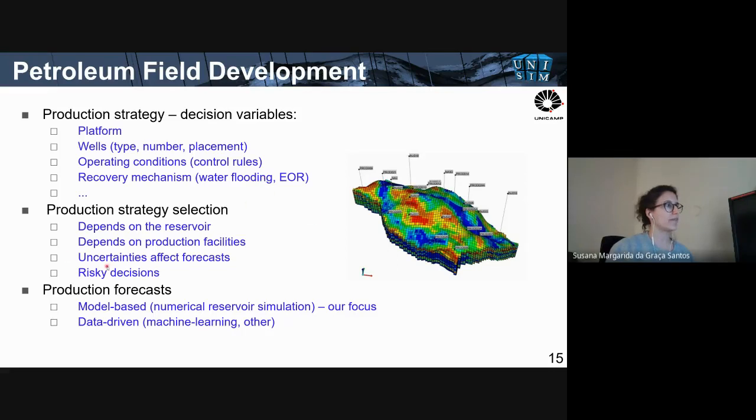As we have seen, the production strategy selection depends strongly on the reservoir, and this again brings up our question: if my knowledge is uncertain, if I'm not sure about my reservoir, how can I select my production strategy given that? The production strategy selection also depends on the production facilities, meaning that it depends a lot on the logistics as well.